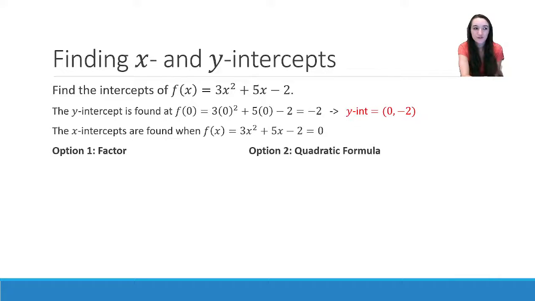So, if we want to factor, we're going to start with setting it equal to 0, and then going through our factoring process. So if you're rusty on factoring, this is definitely something you're going to want to look into because it is going to come up a lot. We're going to talk about other factoring methods for higher degree polynomials, but when it comes to quadratic factoring, we're not going to spend a lot of time talking about how to do that.